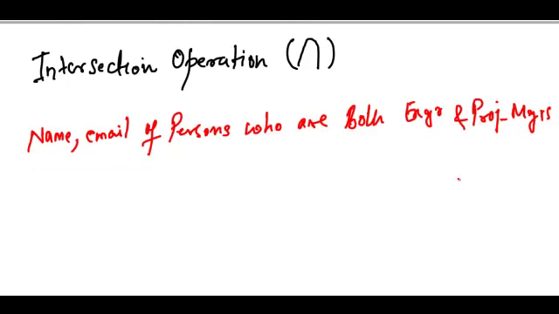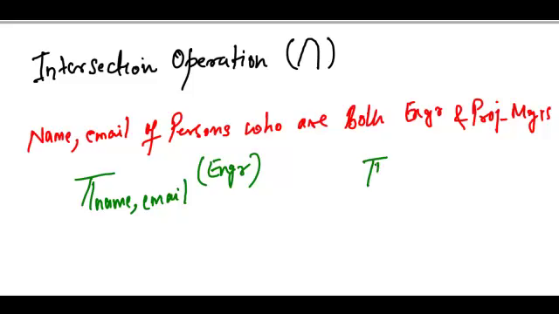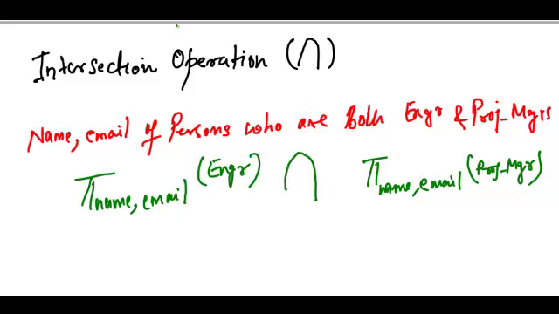Okay, so how would we write the query? We would say project name and email from engineer, project name and email from project manager, and take an intersection.